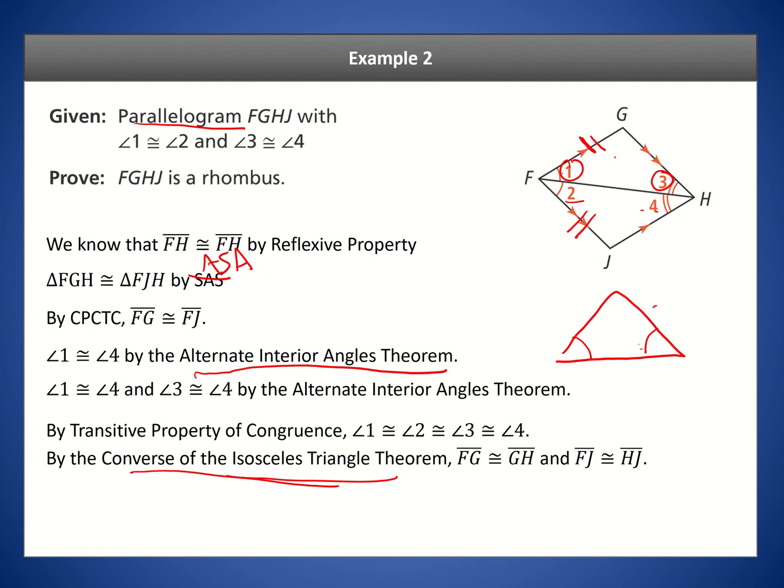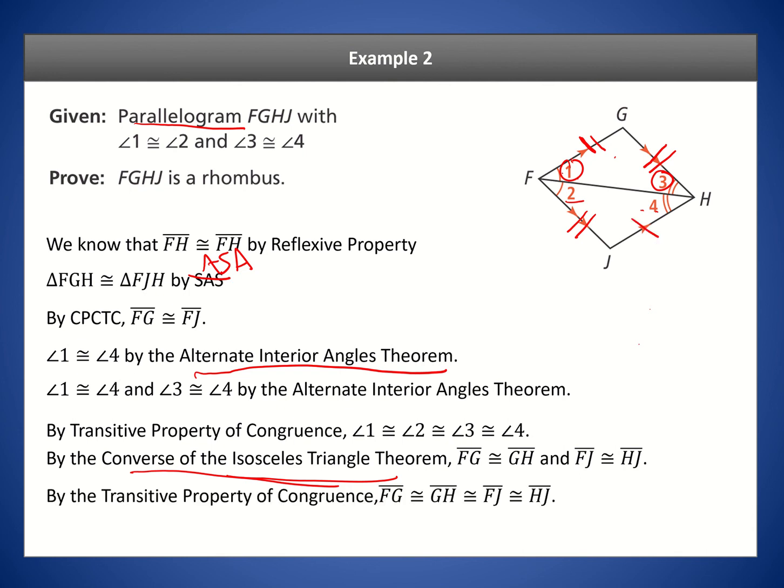That means you can conclude that these two opposite sides are congruent, and therefore the triangle is isosceles. So now that we know that these angles are congruent, that means that these two sides are congruent, FG and GH. And so we can say that those are congruent there. And similarly for the bottom triangle, these are congruent, and therefore they're all congruent to each other by the transitive property.